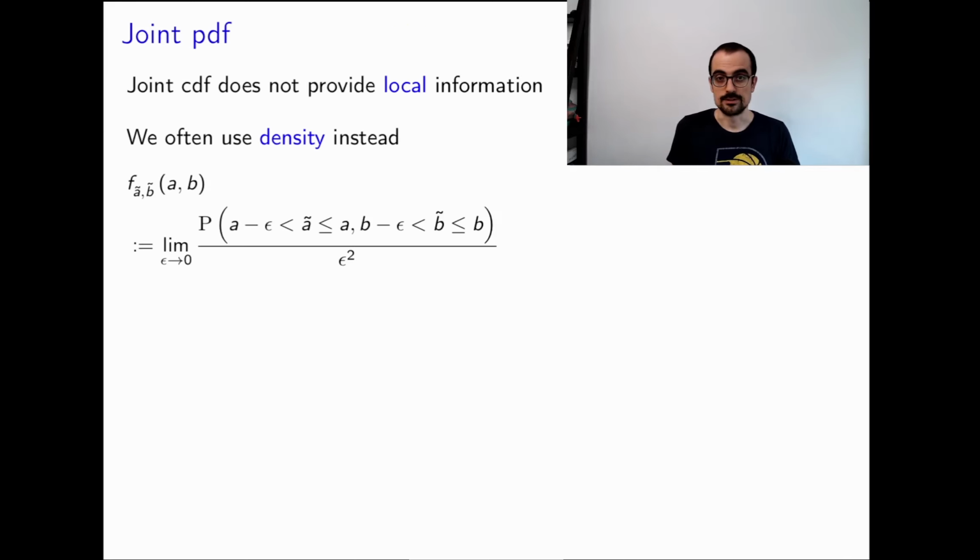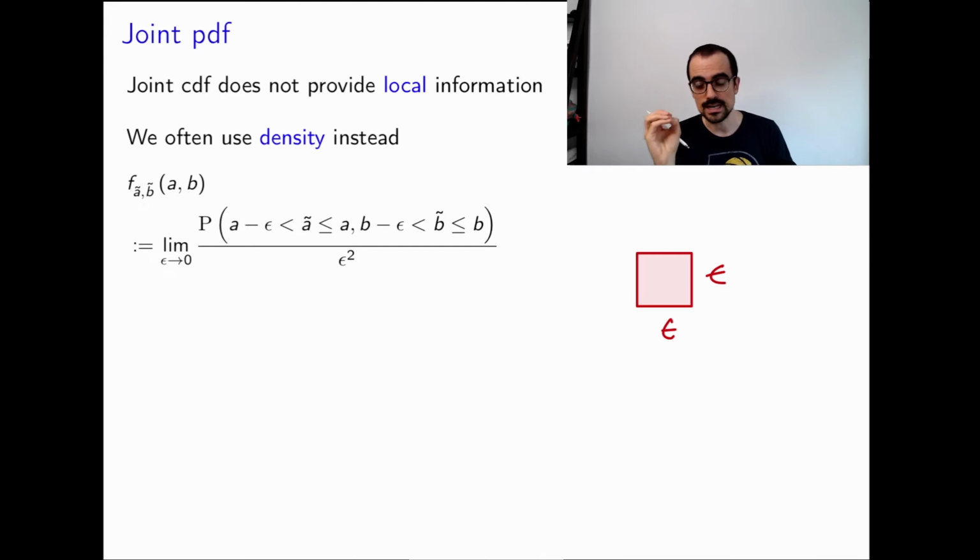In the end, it was a derivative. We're going to do exactly the same thing in multiple dimensions, except that in 2D, for example, we're going to consider the probability that the random variable is in a square. And that actually looks like a square. I'm quite proud of myself. A square with sides equal to epsilon, so that it has area epsilon squared.